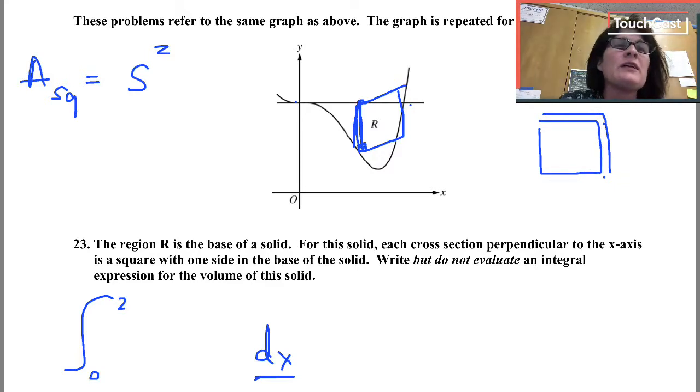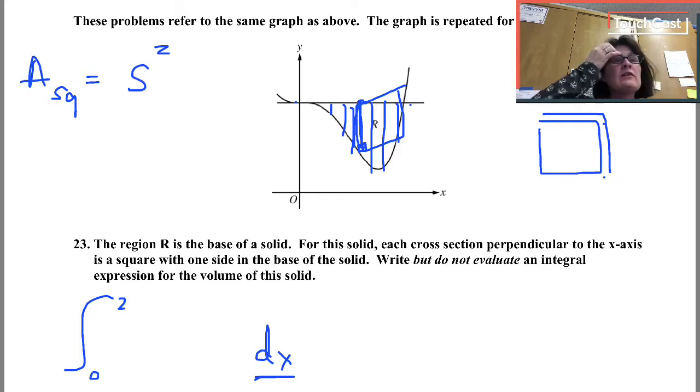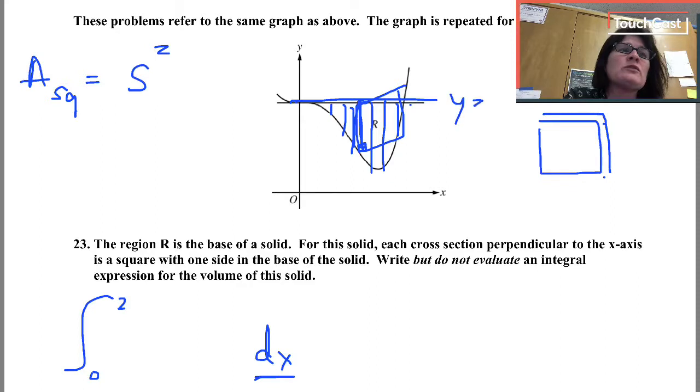And I could tell that if I drew in all those cheese slices for this whole cheese shape, every one of those vertical line segments I drew, which represents where my cheese slice hits region R, the top hit this curve, which I know is y equals 4, and the bottom hit that other curve, whose equation I don't remember off the top of my head, x to the fourth minus 2x cubed, I think.